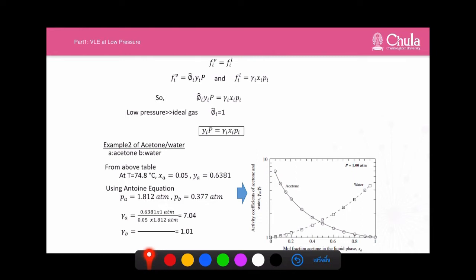Okay, you know, at low pressure you can approximate fugacity with pressure, and this is the case. So if phi i is 1, this expression becomes yi P is gamma i xi Pi sat.